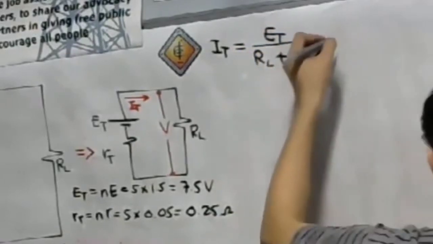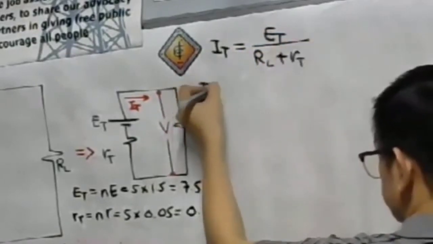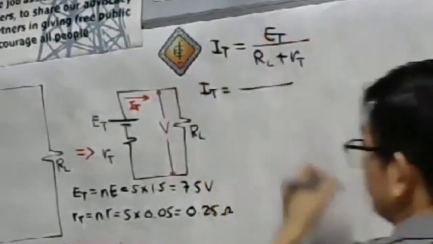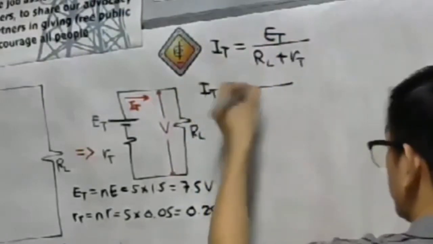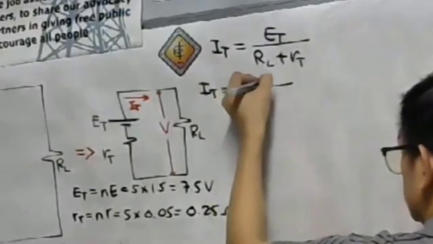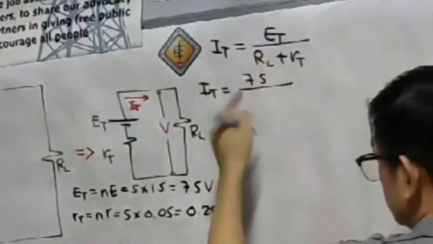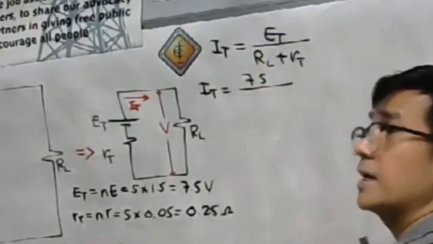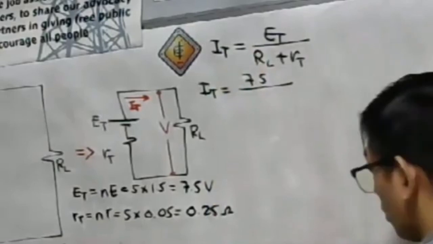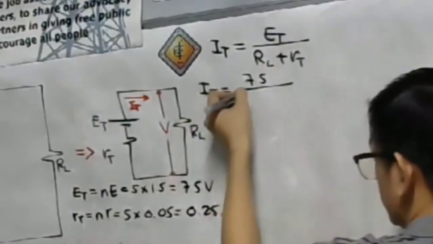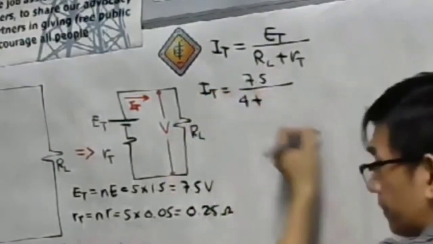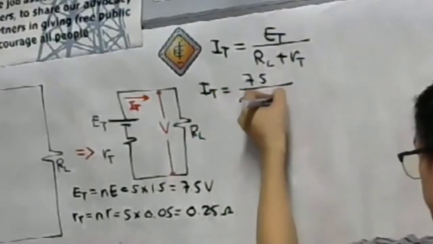Okay? So let us substitute the values. We have our ET, that is 7.5, over, what is our RL, by the way? 4 ohms. This is 4 ohms. 4 plus 0.25.